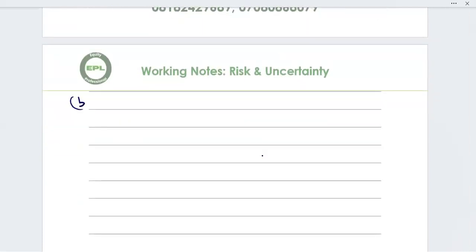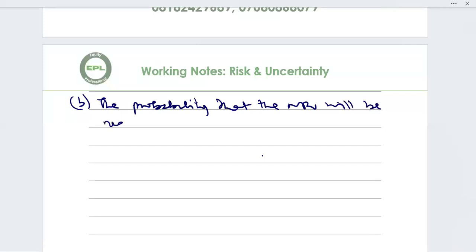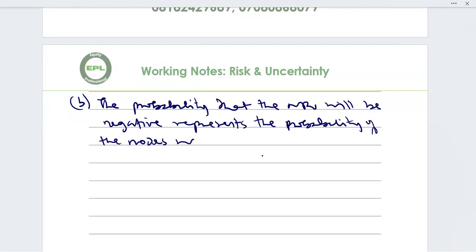Number B, the probability that the NPV will be negative represents the probability of the nodes with the negative NPV, as shown in the calculation below.